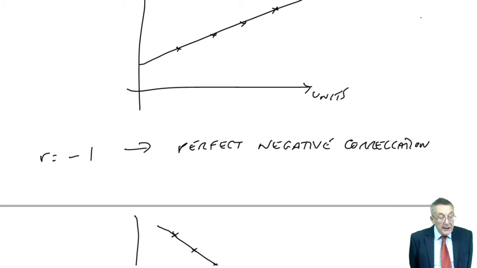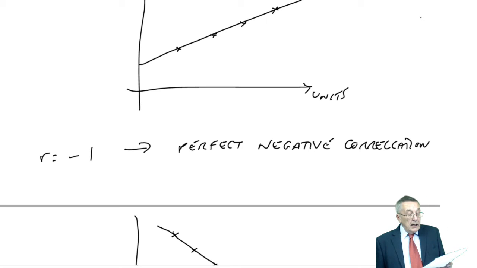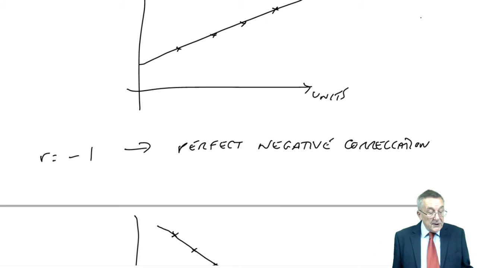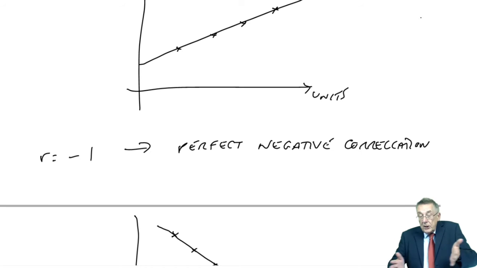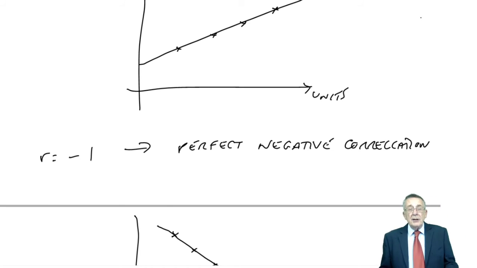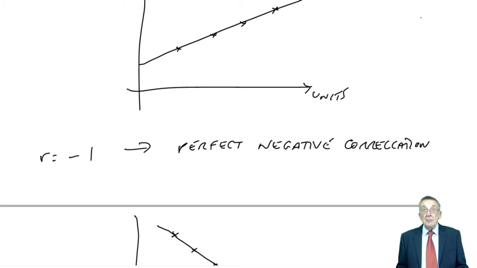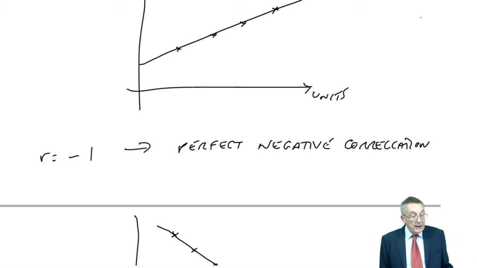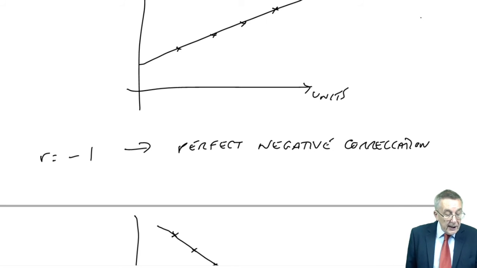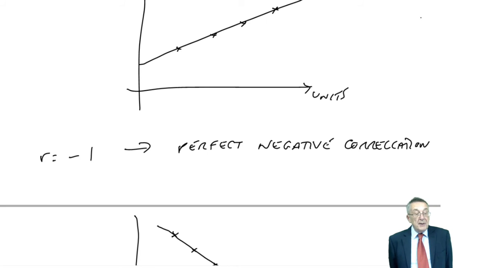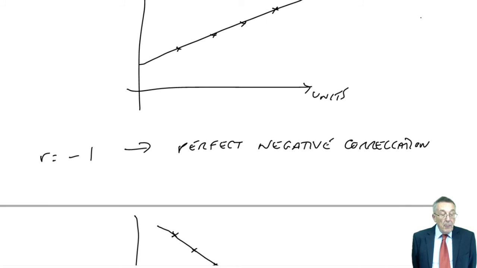Just to make sure you've got it, look at exercise 4. Our techniques can be applied to scenarios outside management accounting. We can use this on any two variables, like the number of cigarettes you smoke and the number of times you fall ill. It says here, state what type of correlation you would expect to find in the examples below: positive, negative, or no correlation.